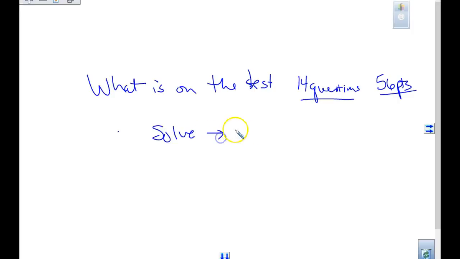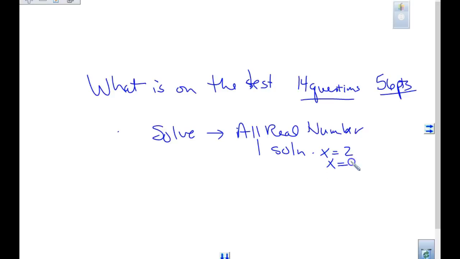I need to know if it's all real numbers for a solution, or if there's one solution, like x equals 2, x equals 0, y equals 4.136, right? Or if there is no solution.